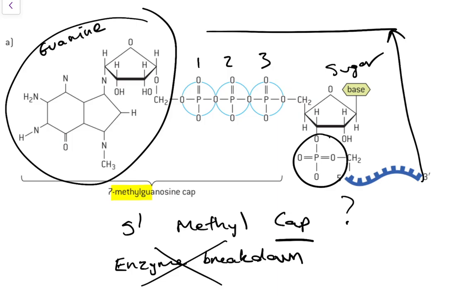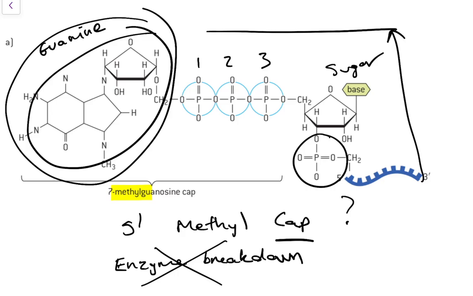So it's guanosine. And guanosine is when you've got these 2 bits. So that's basically what it is. It's a cap using guanine as a base on the end, and we call it a 5' methyl cap, and that's going to prevent enzyme breakdown.